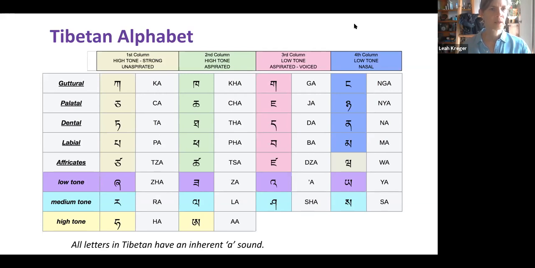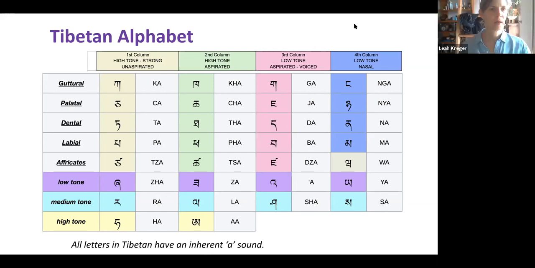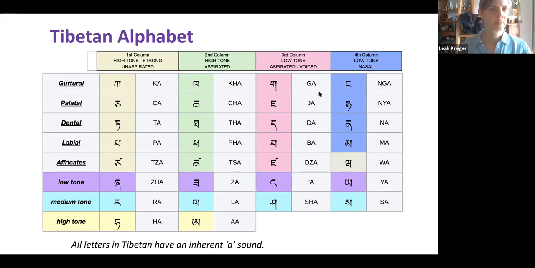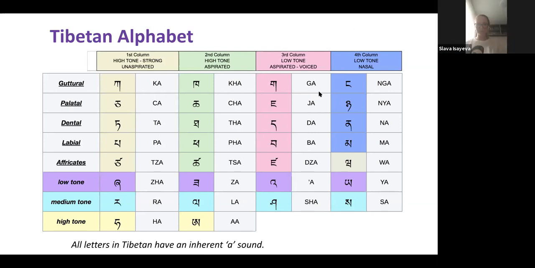Ka, ka, cha, cha, ta, ta, pa, ba, sa. Good, good. Okay. Slava, say ka, ka, cha, cha, ta, ta, pa, pa, sa. Wow, it sounds really good.